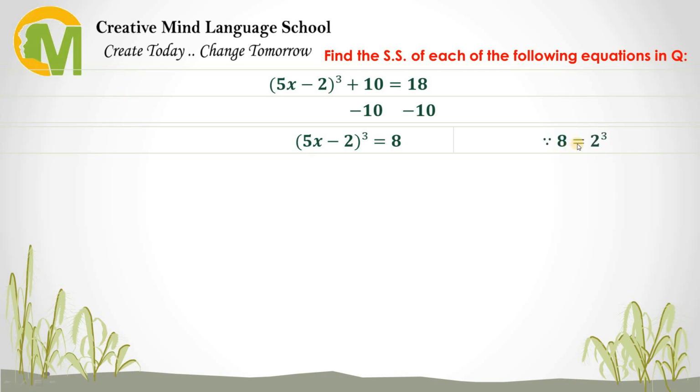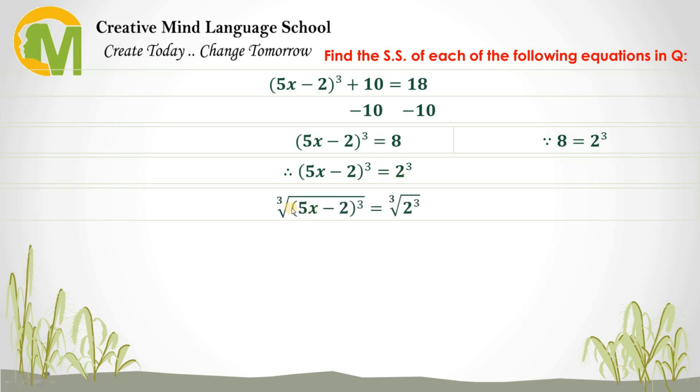We know that 8 equals 2 to the power 3. So I can write 8 as 2 to the power 3 just to have a cubic power on both sides. After that, we can take the cubic root of both sides to get rid of the third power.